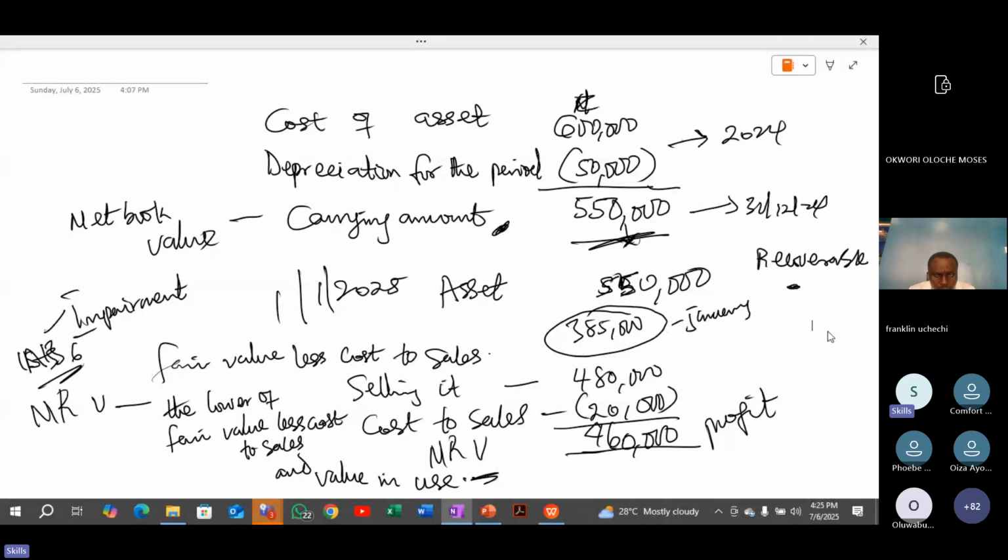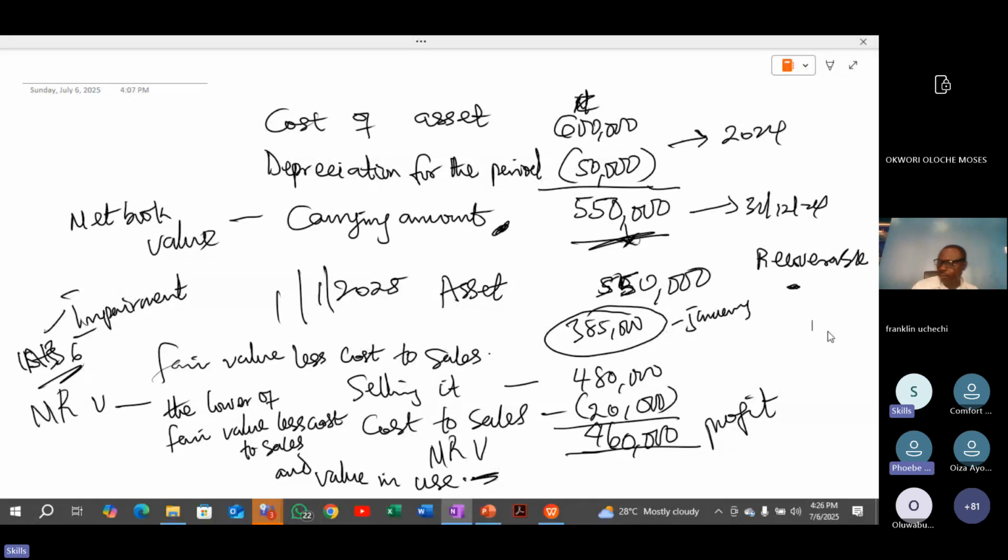Impairment is telling you that your carrying amount is higher than the recoverable amount. I try to use analysis. I'm only trying to explain it for us to have a clear picture of what that rule is telling you, that impairment is the lower of recoverable amount and NRV.